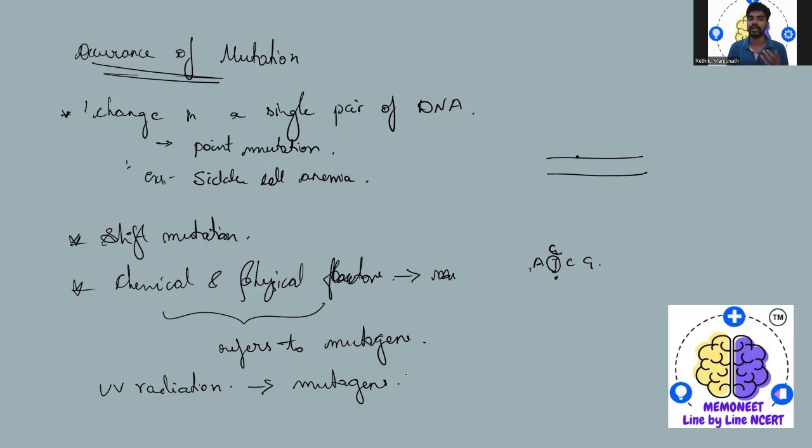Then chemical and physical factors also play a very important role in causing mutation. So they are called what? Mutagens. One example is UV radiation, which might cause mutation in the DNA, in the chromosome or in the cell. So we normally refer to that as mutagens. So this is all about the basic concepts of mutation.